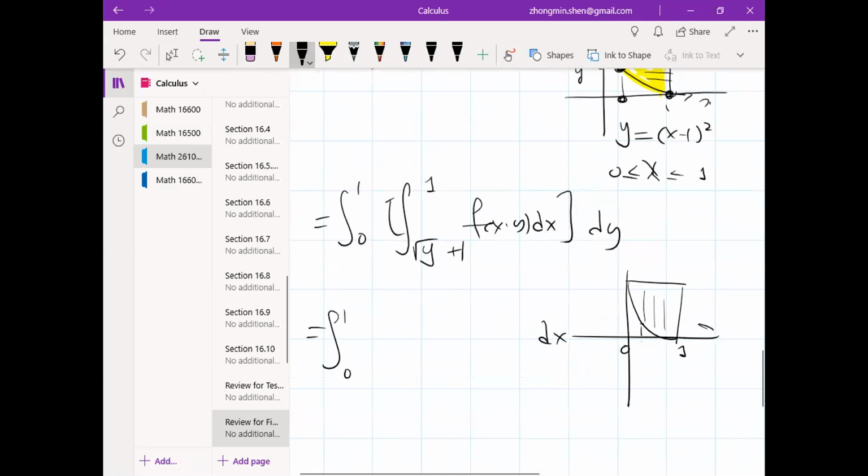Upper bound clearly is still 1. If x is fixed, what is the lower bound for the y value, for the line integral inside this region? The lower bound for y variable is determined by this curve, which is going to be (x minus 1) squared.